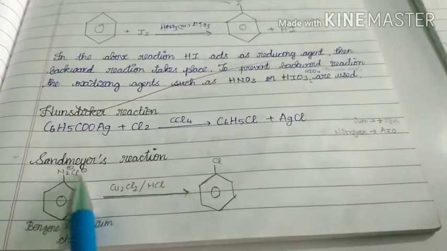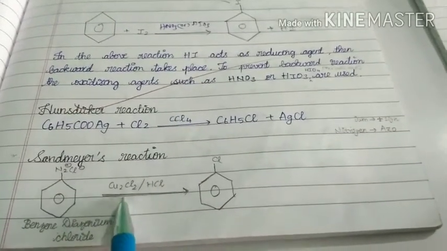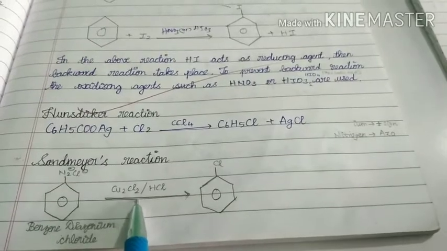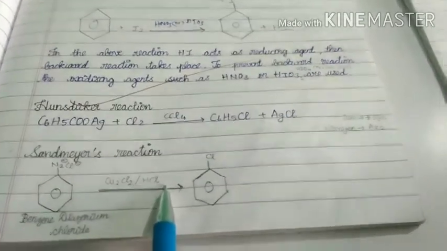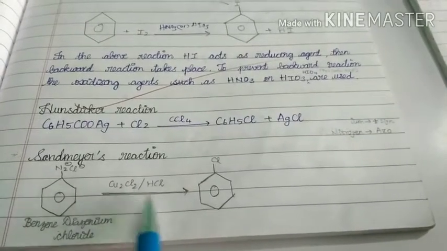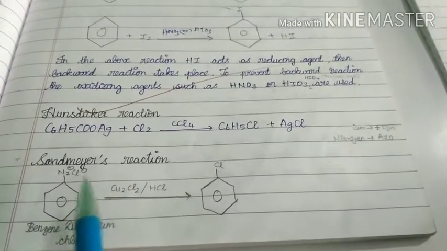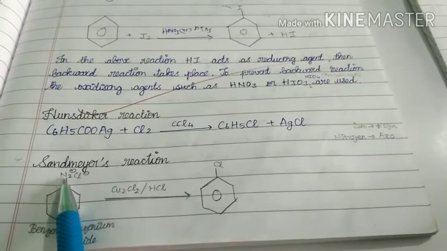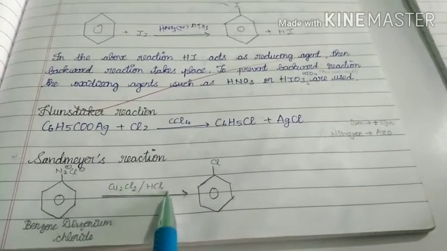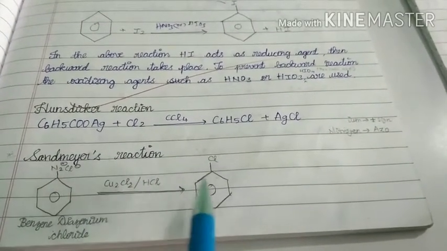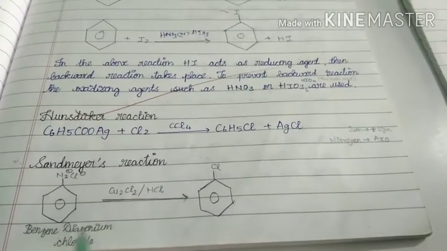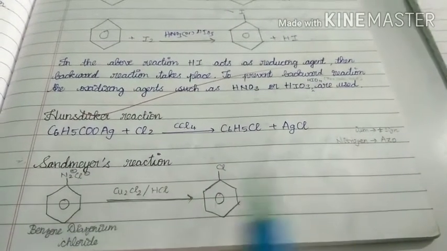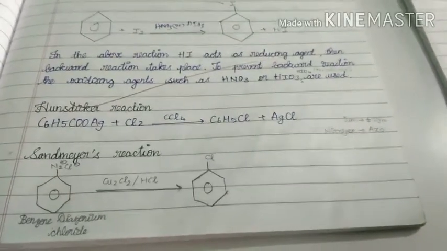When this compound reacts with cuprous chloride, Cu2Cl2, in the presence of HCl, that means these are the reagents, then this total group is replaced by halogen. Then we get chlorobenzene. This is also one of the preparation methods of aryl halides.